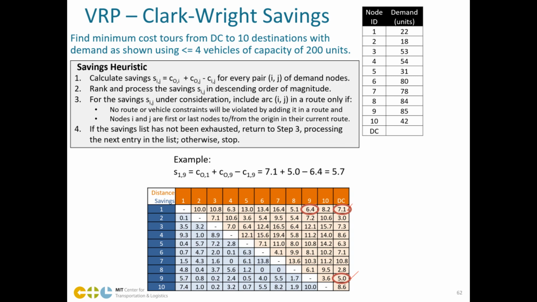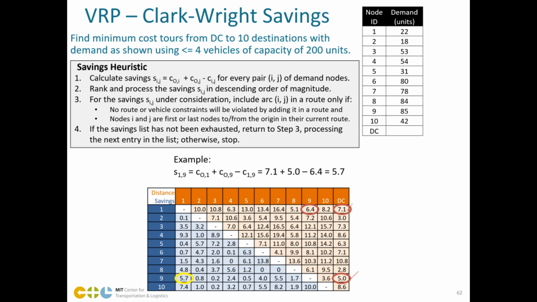So that gives me 5.7. And so what I put here in the little blue colored part of the matrix, combining 9 and 1, the savings is 5.7. You can calculate this very quickly in a spreadsheet. And so this is how you create this matrix. The top half is the distance, the bottom half is the savings matrix.